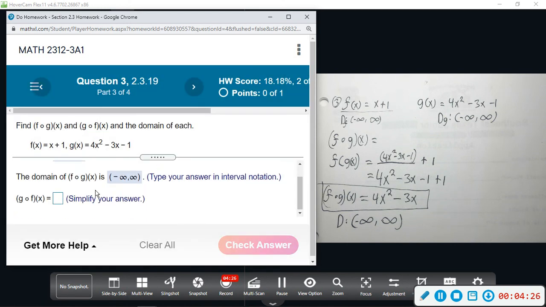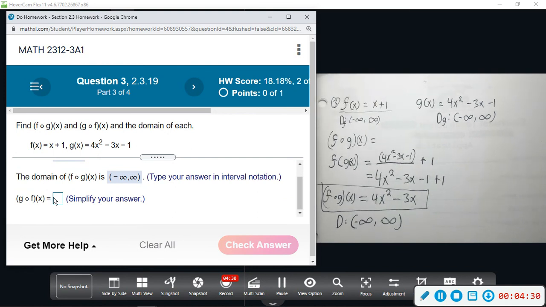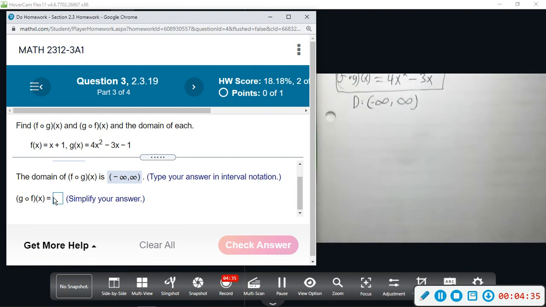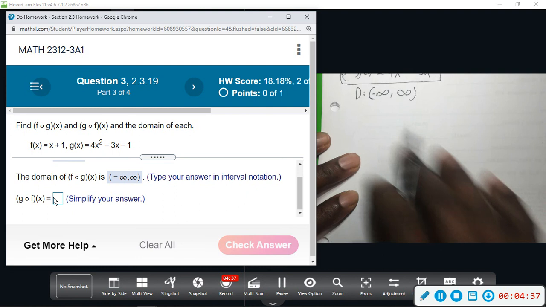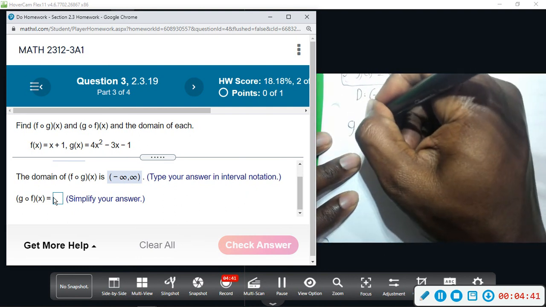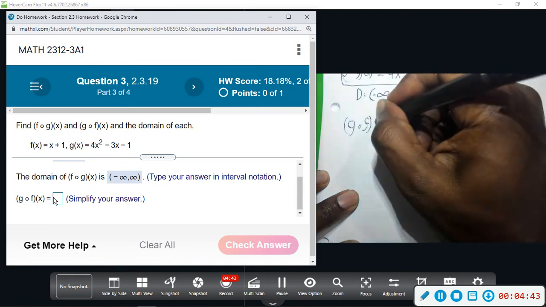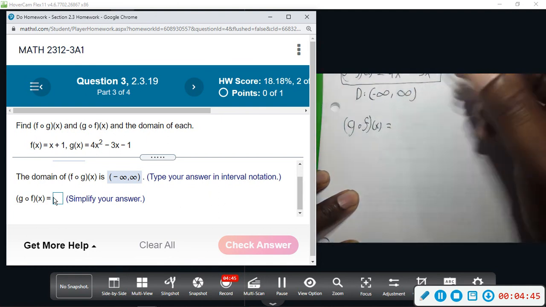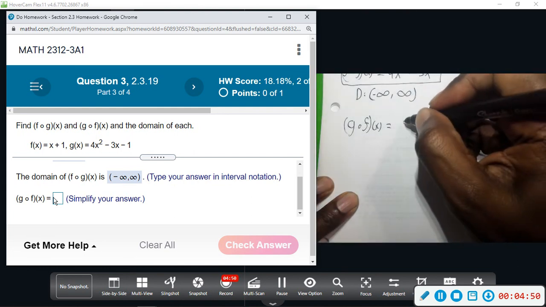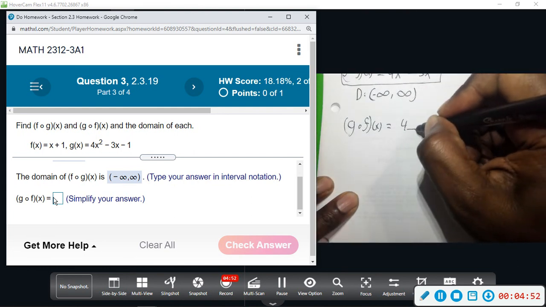Alright, and now we're going to find g of f of x. So, same concept. This time we're going to be plugging in f equation to g. So, g of f of x. We're going to start with the g equation, which is 4x squared.